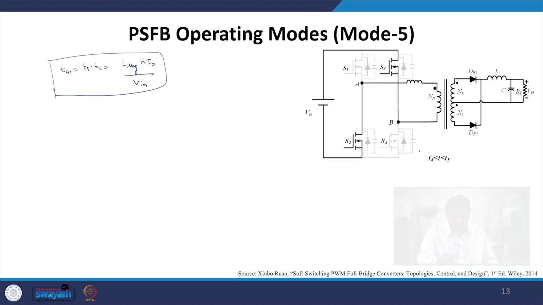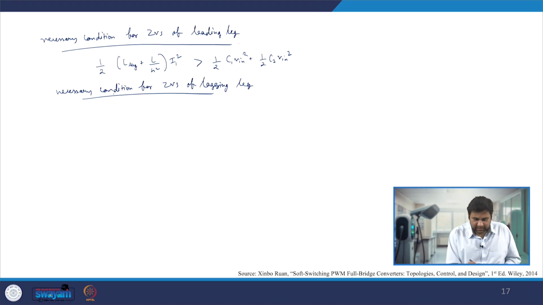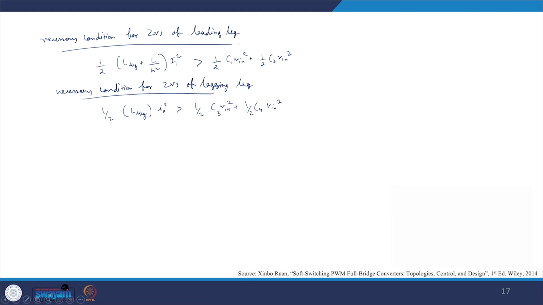So we can write down that the necessary condition is half L leakage times IP current square greater than half C3 V in square plus half C4 V in square. That is the necessary condition for this particular scenario.